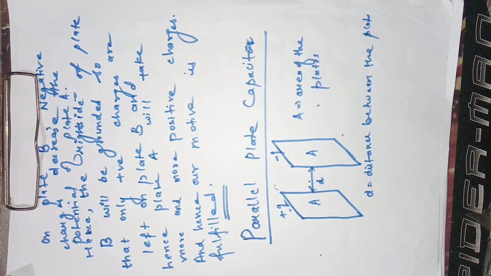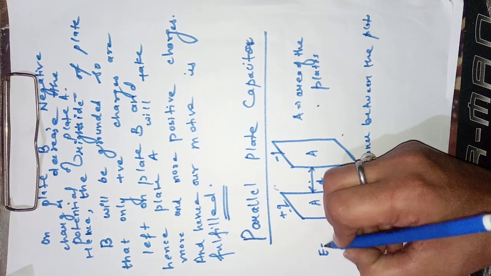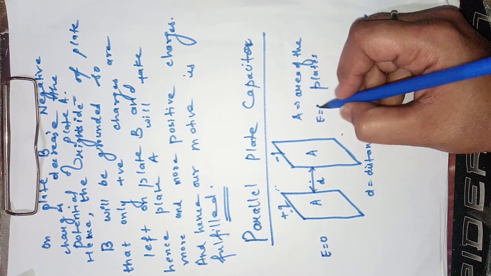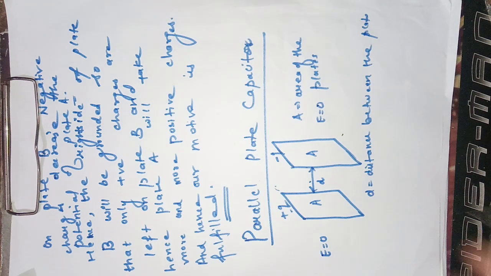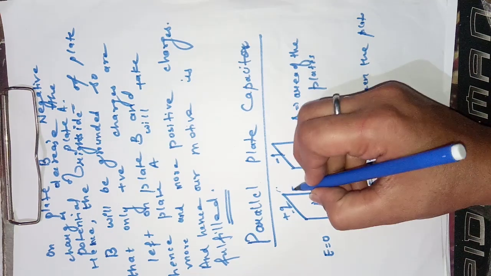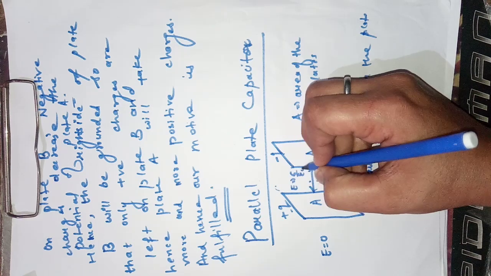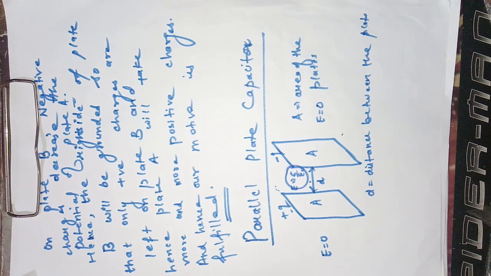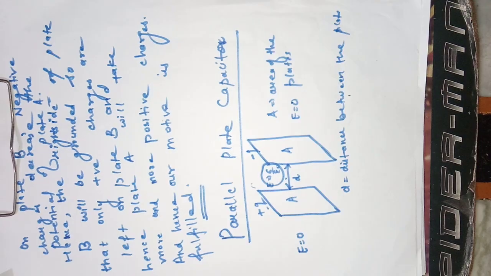I have named them P, Q and R respectively. We have E is equal to 0 on both the extreme positions, and in the middle position the value of electric field is E is equal to sigma by epsilon naught.